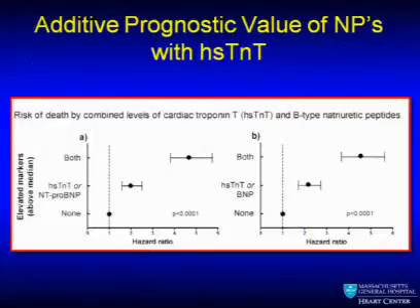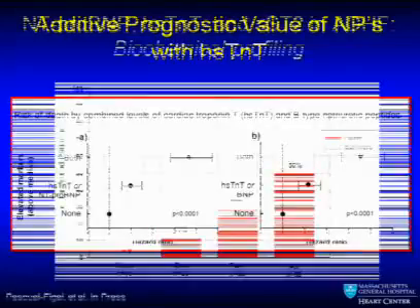So here in this point estimate slide, we see that if neither a natriuretic peptide or a troponin were elevated, the mortality was referent at 1. If either was elevated, there was intermediate risk. If both were elevated, the risk was higher for whatever outcome you want to look at, whether it's mortality on the left or heart failure hospitalization on the right. So this is a very real signal.